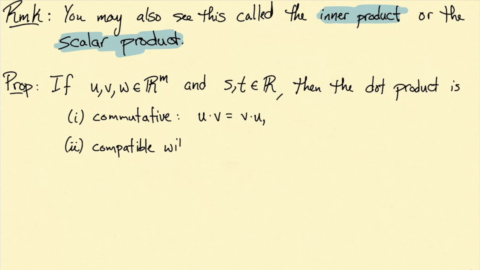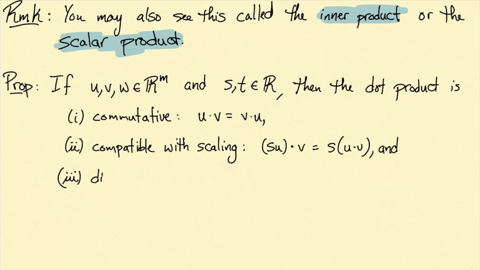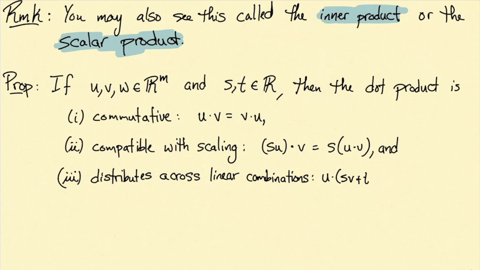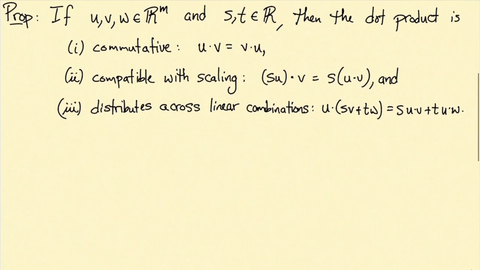This means that if I scale the vector u, then take the dot product with v, that's the same thing as scaling the dot product u dot v. And three, distributes across linear combinations. This means u dot the linear combination sv plus tw is the sum s times u dot v plus t times u dot w. The proof of each of these is somewhat instructive.